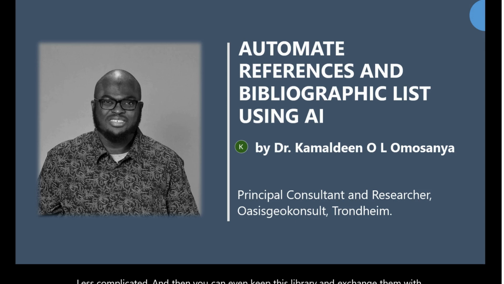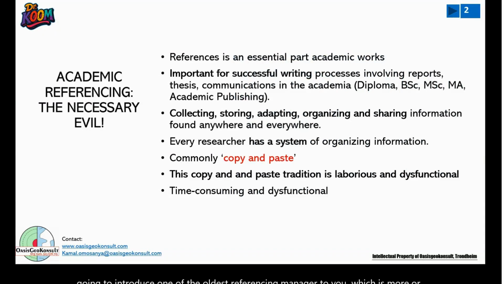So today I'm going to introduce one of the oldest referencing manager tools to you, which is more or less like one of the oldest AI tools for references and bibliography making in academic writing. When we talk about academic references generally, it is a necessary evil in my opinion, because it is an essential part of the academic work, right?